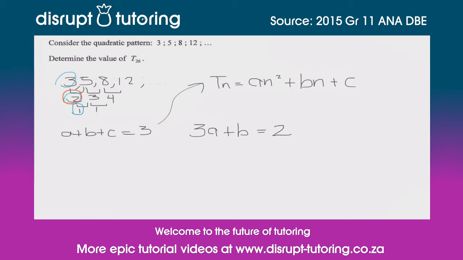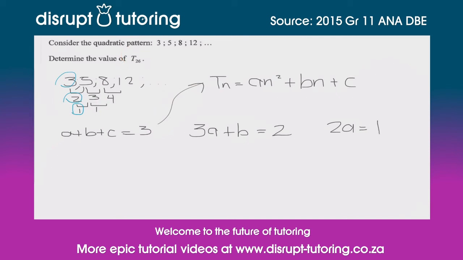And then finally, we know that 2a is going to equal 1, which is the first term of our second difference, which is common. Right, with that in mind, we can start by solving for a, then plugging the a in there to solve for b, and then plugging the a and the b in there to get our c. That will then generate our general term, after which we can plug in the 26 to get the 26th term in the sequence.